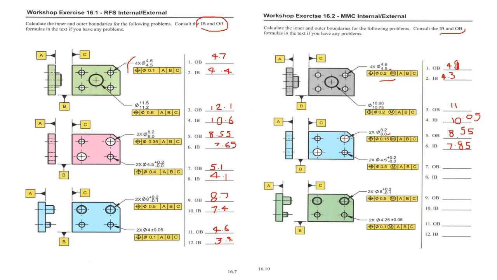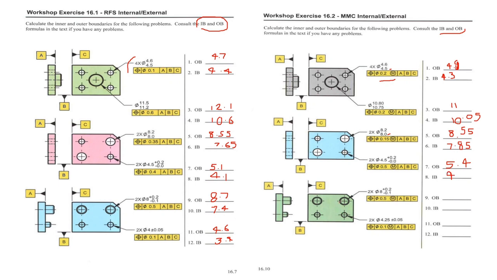Then next is this 4.5 hole, and for the hole at the MMC 0.5, and here it's 0.7, so 4.7 plus 0.7 is 5.4 is OB, and the IB for this hole at MMC is 4.5 minus 0.5, so the answer is 4.